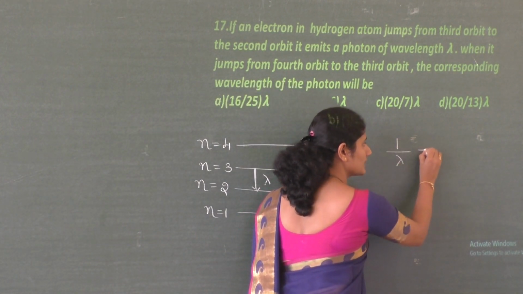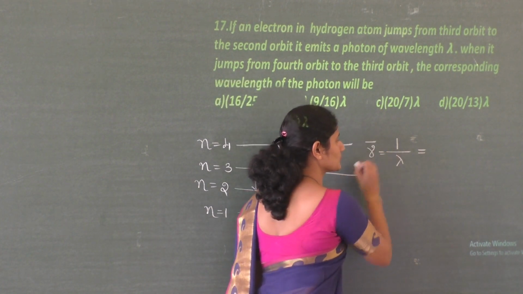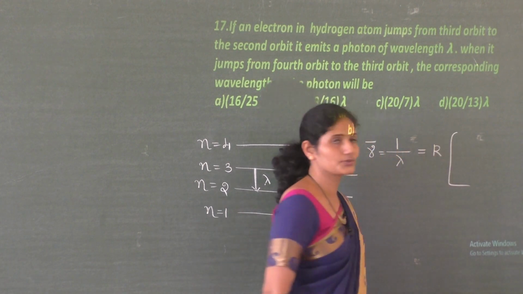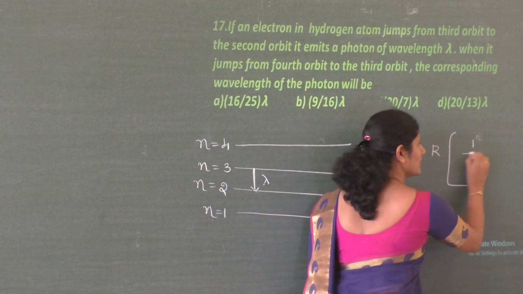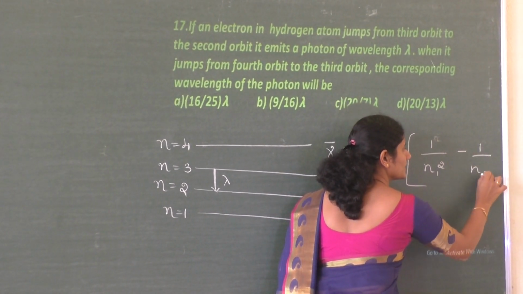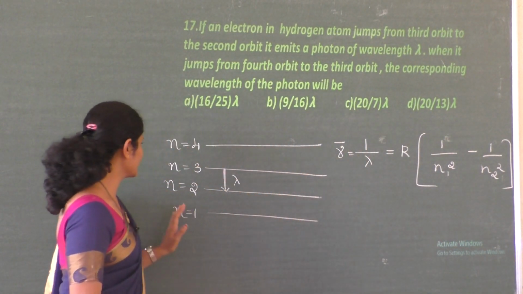We know that the wave number 1 by lambda, or nu bar, is equal to, what is the expression for wave number? 1 by lambda is equal to R into 1 by n1 square minus 1 by n2 square. Here n1 is the landing orbit.